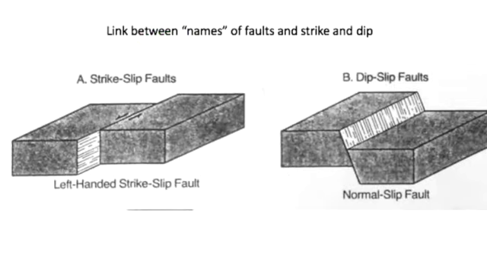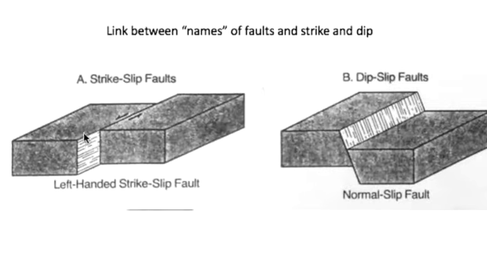These names, strike and dip, might be familiar from faults. If you've heard of strike-slip faults, like the San Andreas fault, this is a fault where the direction of motion is parallel to the strike.